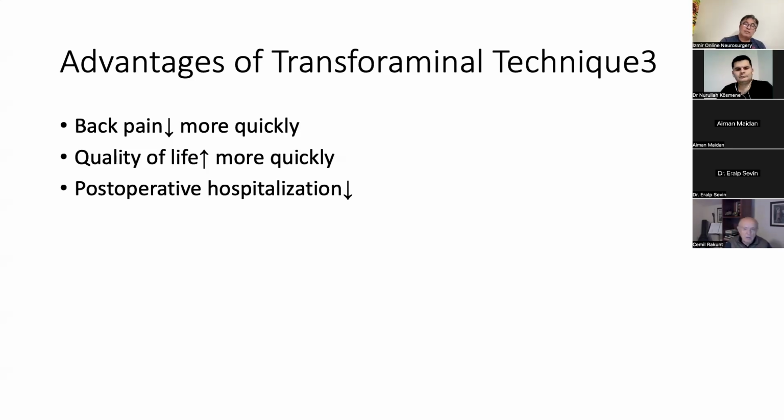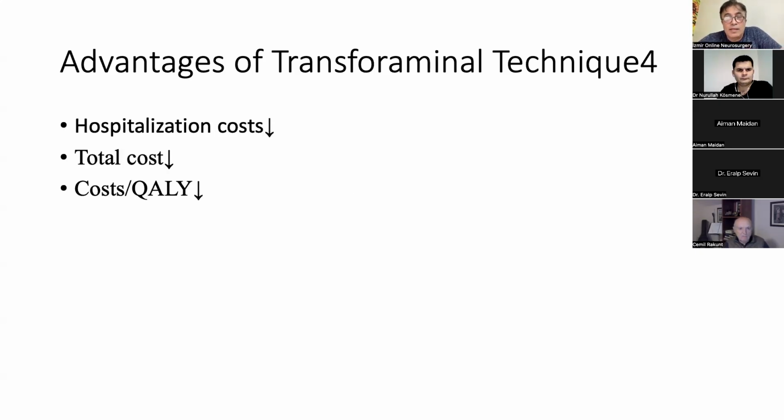In the transforaminal technique, low back pain decreases more rapidly than UBE. This results in a faster improvement in the patient's quality of life and a shorter postoperative hospital stay. As a result, treatment costs decrease.